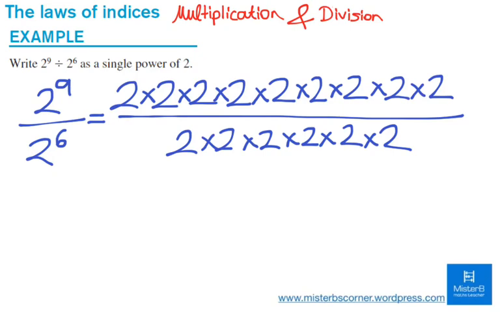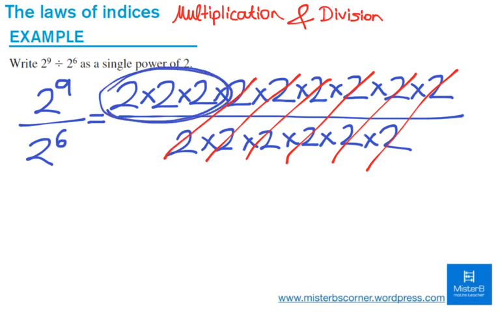What we basically do is cancel them out because it's multiplication. I can cancel these 2's and I'm going to end up with 3 2's in multiplication, which I could write as 2 cubed.